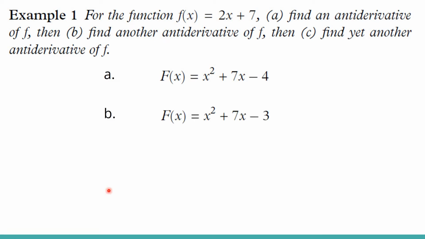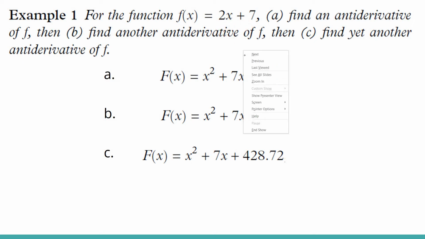And B, F of x equals x squared plus 7x minus 3. Letter C, F of x equals x squared plus 7x plus 428.72. These three equations can be an antiderivative of the function f of x equals 2x plus 7.